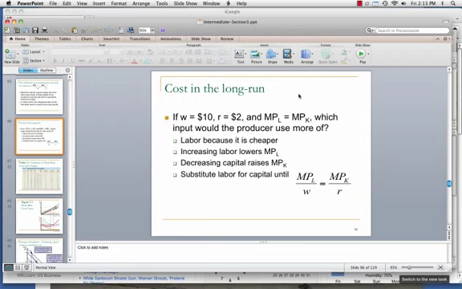And then the question is, which input would the producer use more of? They should be using more capital, not labor. So I think what I meant to say is capital, because it is cheaper. And as they use more capital, then the MPK is falling.